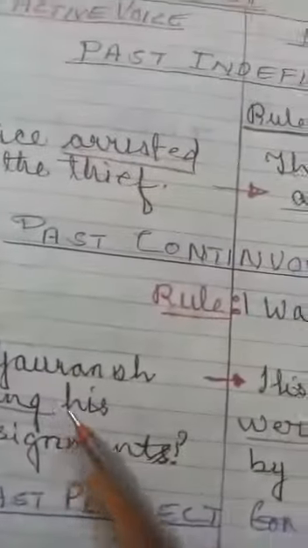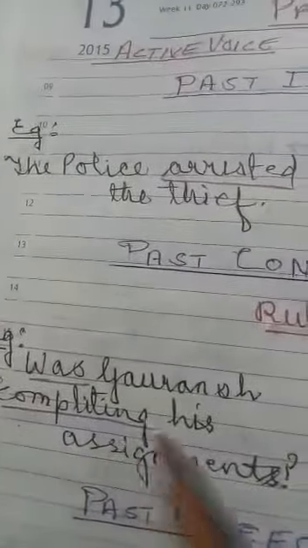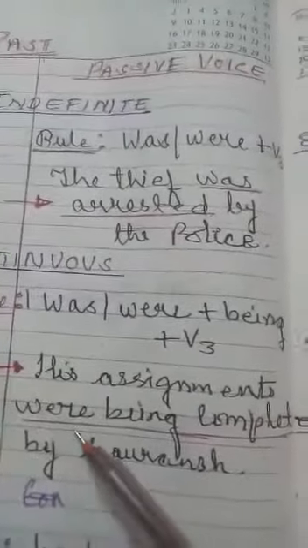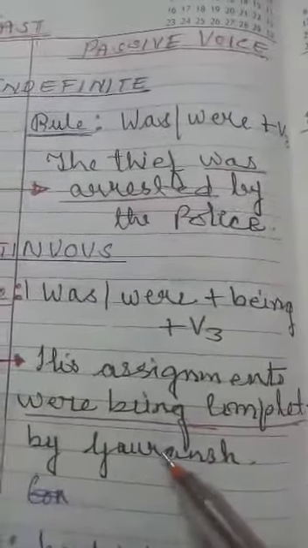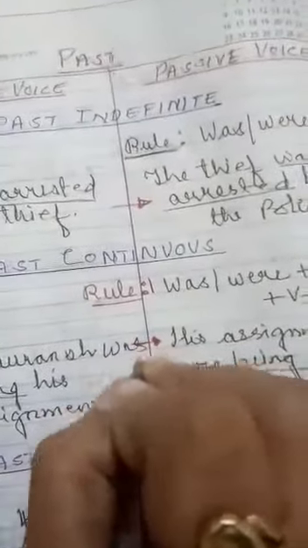When we say the interrogative, okay, was Goransh completing his assignment? I'm so sorry, here I make it: his assignment were being completed by Goransh. Okay, here we'll say Goransh was completing his assignments.